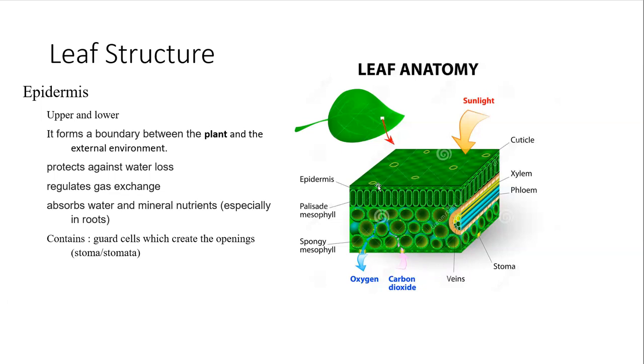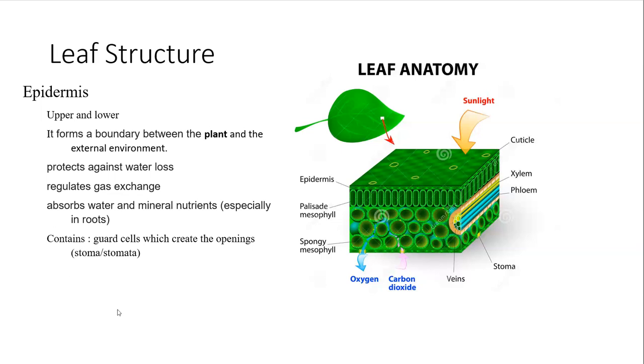But one thing that the narrator in that previous video mentioned were the stoma. Okay, so within that epidermal layer, there are cells called guard cells, and these create the openings that are called stoma or stomata, and sometimes they're called stomates.